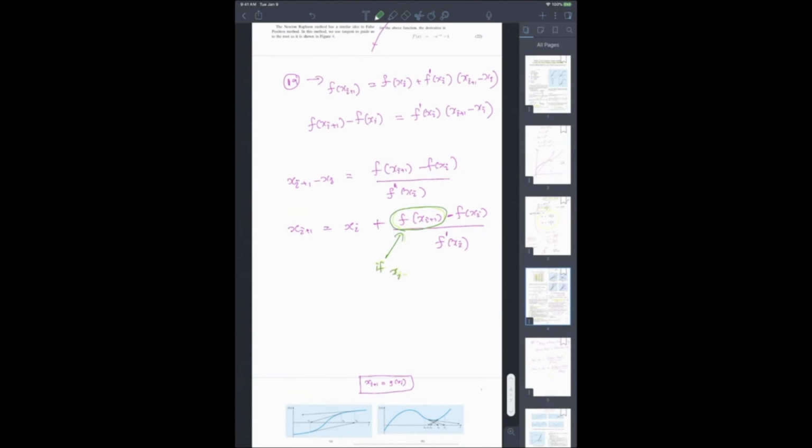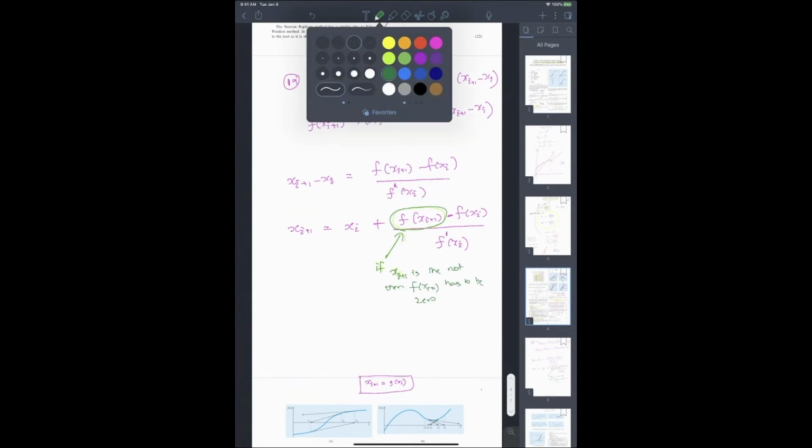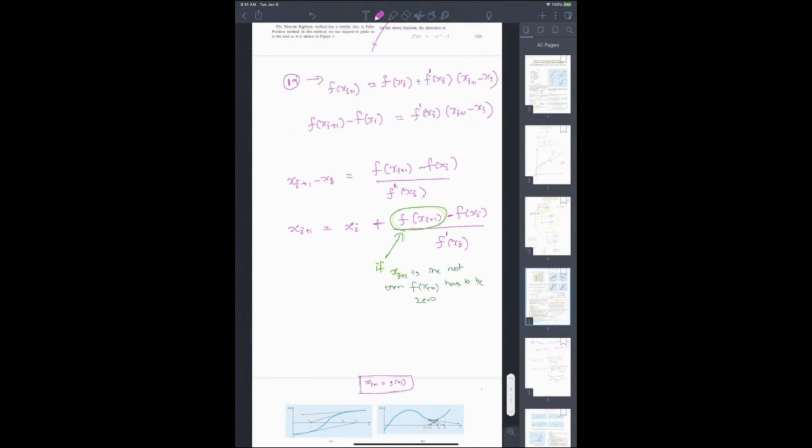It all hinges on that assumption. So then we get x_{i+1} = x_i - f(x_i)/f'(x_i). That is the Newton-Raphson iteration.